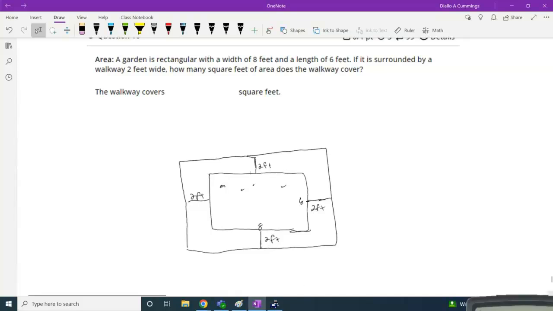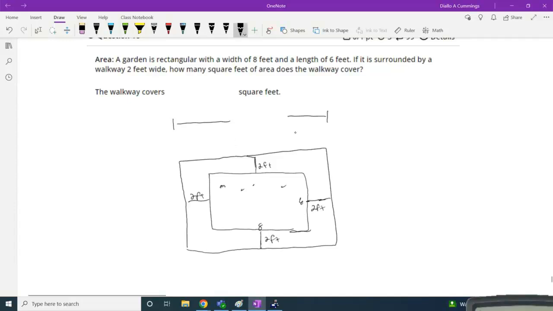All right, so let's see if we can make this not look too messy. Here again, I want to find the total width and the total length. So what's my total length? Well, there's 8 feet from the length of the garden, and then there's 2 feet on each side, right?